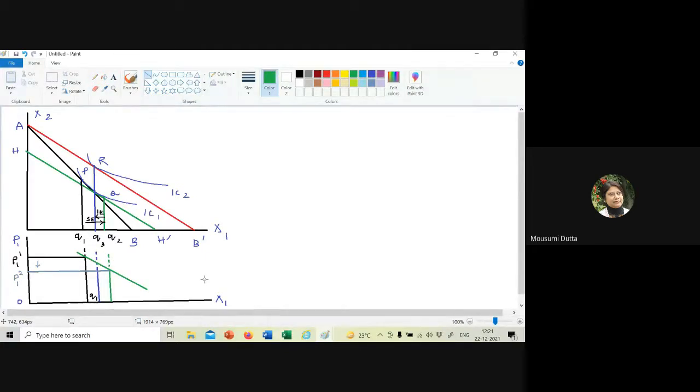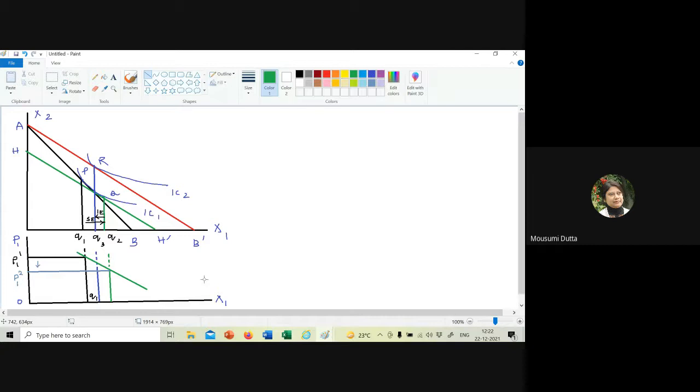Pema Durjoy? Ma'am, I guess it is Hicks, like Q2 lies in the Hicks compensated demand curve in the above figure, ma'am. I see.